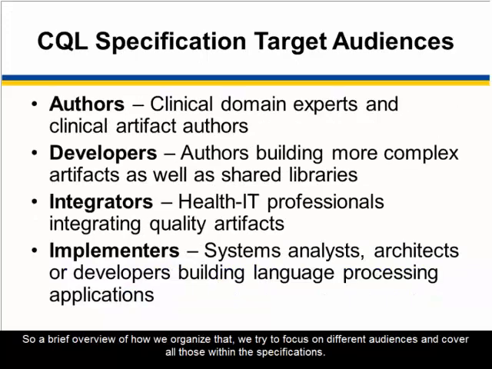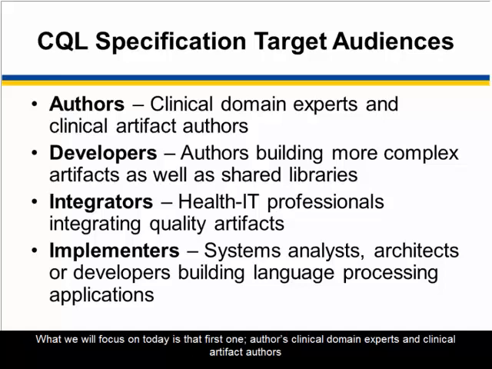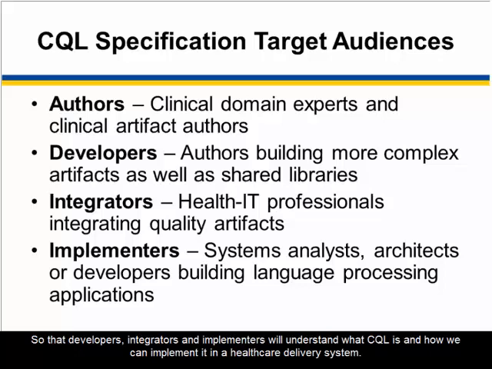So a brief overview of how we organized that. We tried to focus on different audiences and cover all of those within the specification. What we'll focus on today is that first one, authors, clinical domain experts, and clinical artifact authors. But just know that within the specification, we've also targeted different aspects for each of these roles, so that developers, integrators, and implementers will understand what CQL is and how we can implement it in a healthcare delivery system.